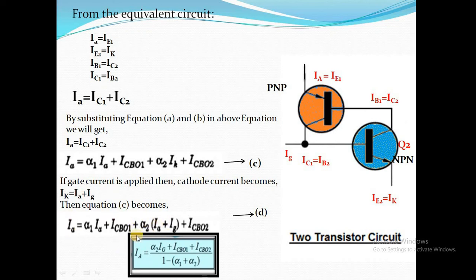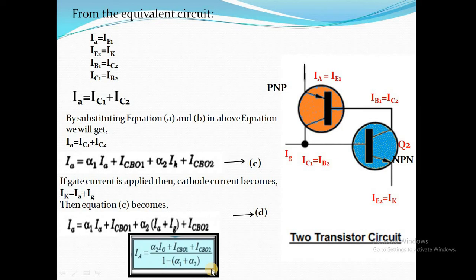In these two terms, if we take a single IA as common and simplify, we get the final anode current equation as IA equals alpha 2 IG plus ICBO1 plus ICBO2, divided by 1 minus (alpha 1 plus alpha 2).